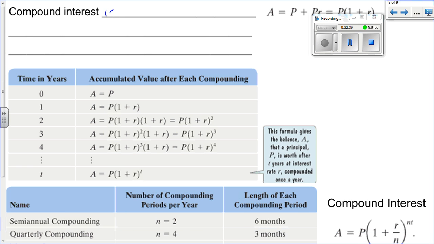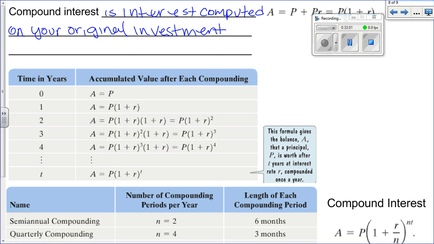So compound interest is interest computed on your original investment as well as on your accumulated interest.